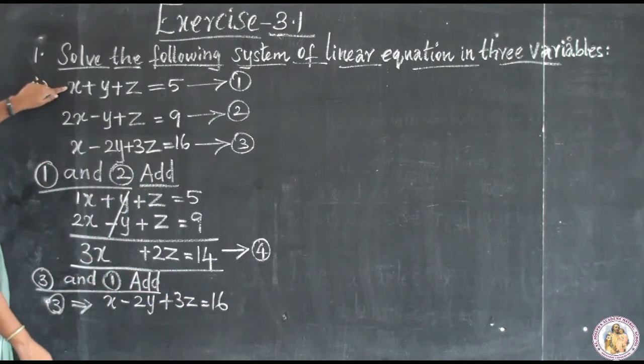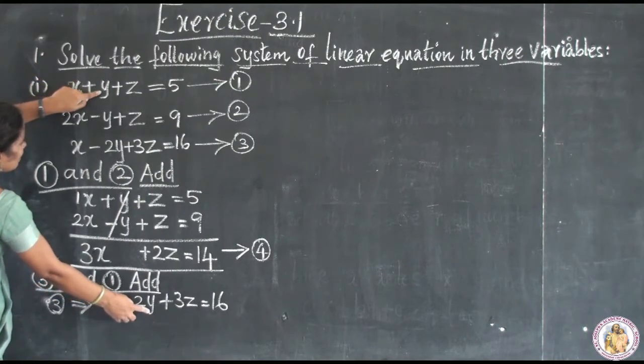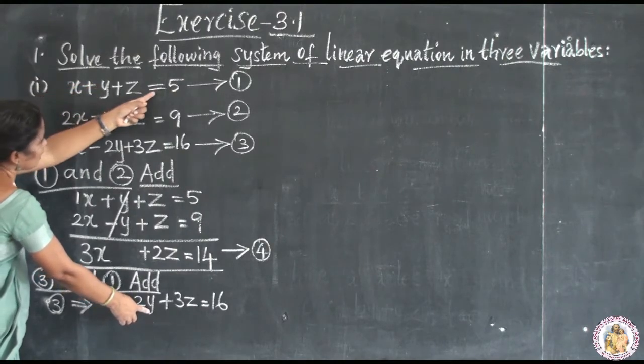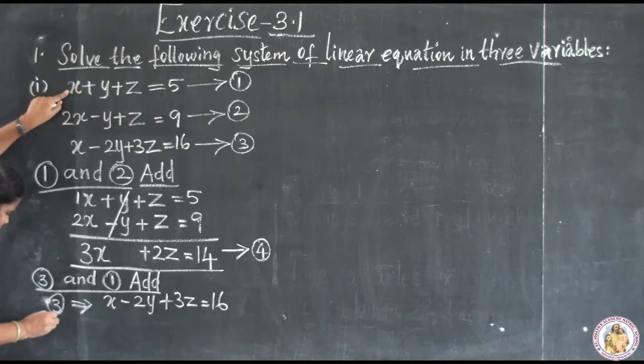In the first equation, we have to cancel the variable y. Here we have only 1y. To convert this, you have to multiply the entire equation by 2. So write first equation multiplied by 2.